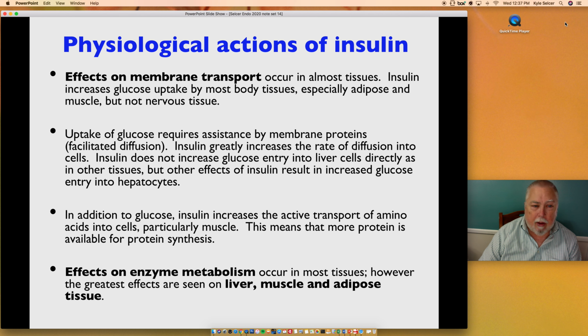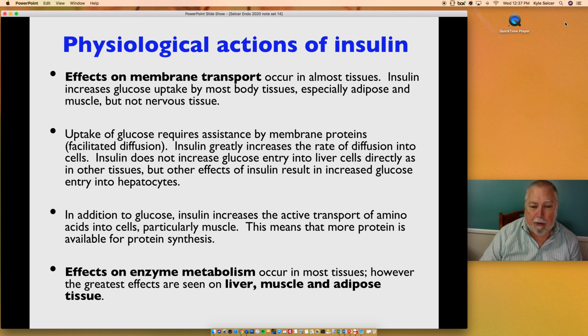Okay, but insulin does cause glucose to move into the hepatocytes, just not because of the transporters, but because it increases metabolism, which lowers the glucose inside the cell, increasing the concentration gradient, so glucose wants to go into the liver. In addition to glucose, insulin increases active transport of amino acids into cells, particularly muscle, so they can make protein, and it increases triglyceride entry into cells, especially adipose tissue, so you can make more fat.